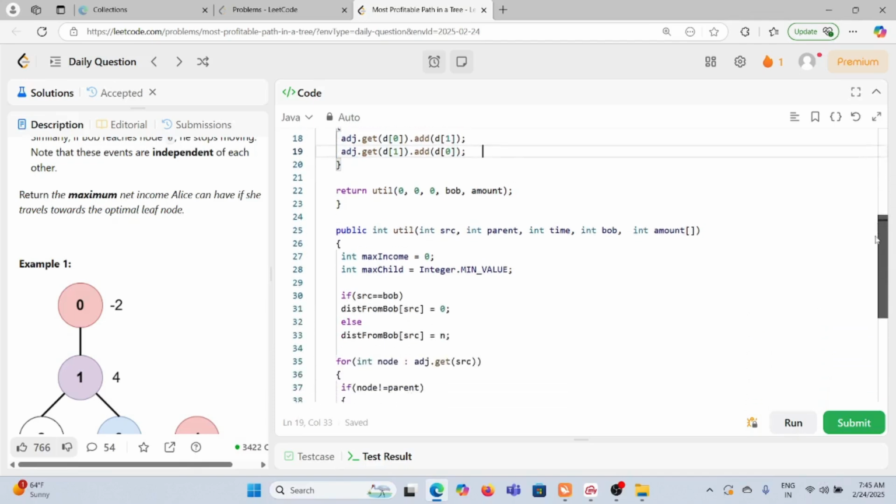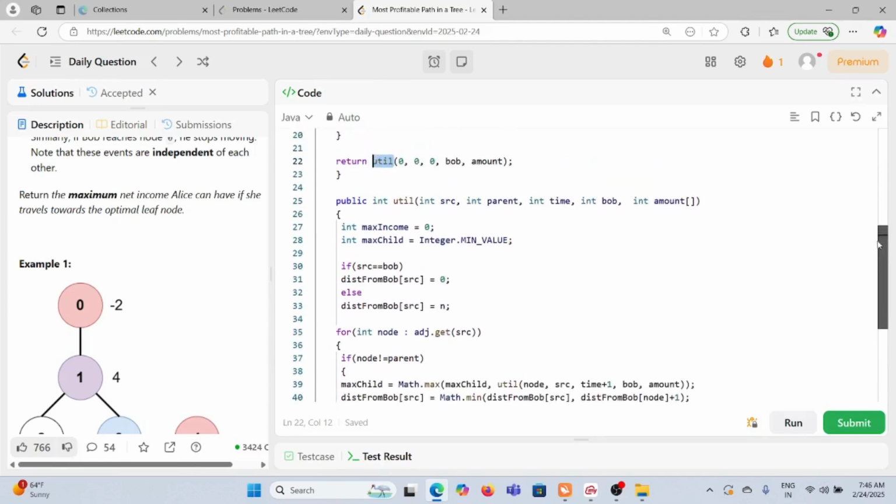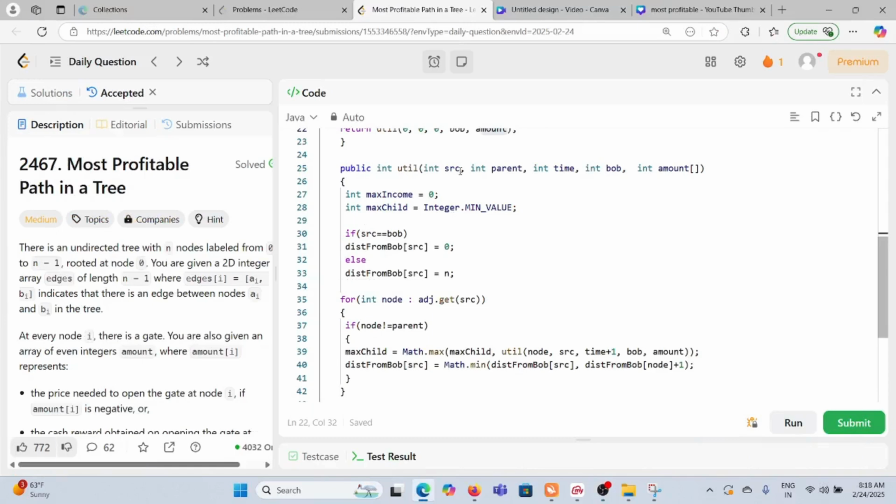Now we are writing one utility method. The first parameter is src, the point where Alice is starting, so initially this is the 0th node, and parent is the parent of this src. Initially there is no parent, so we pass 0.